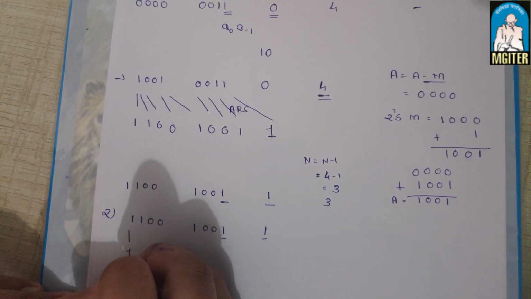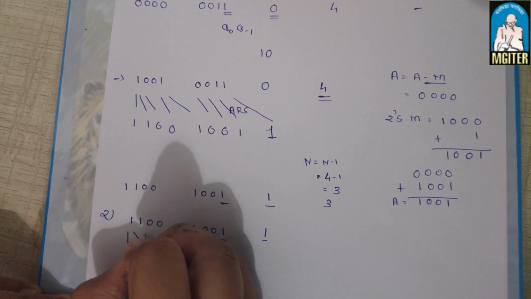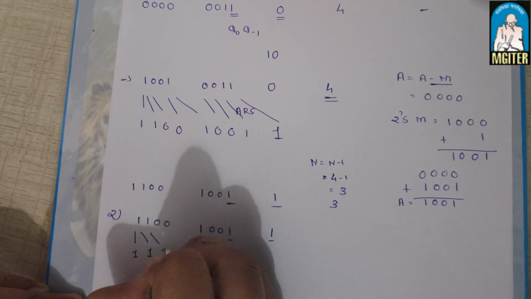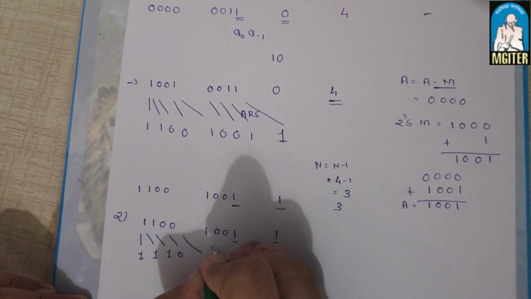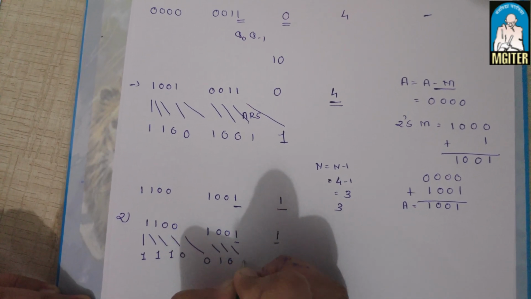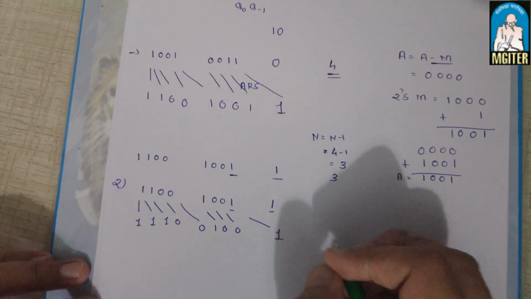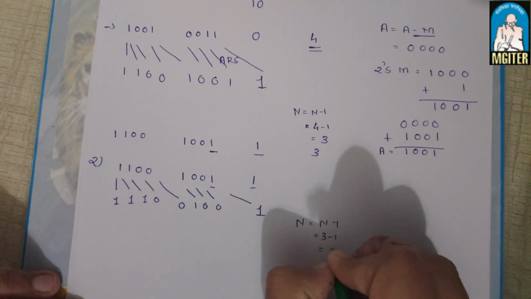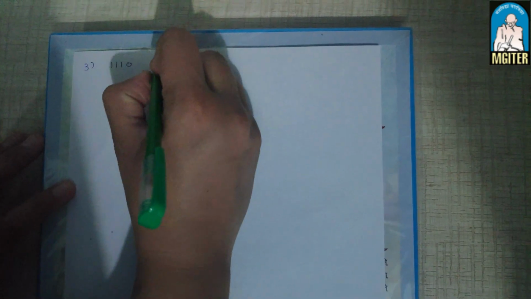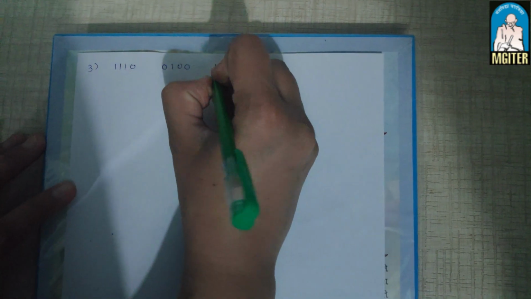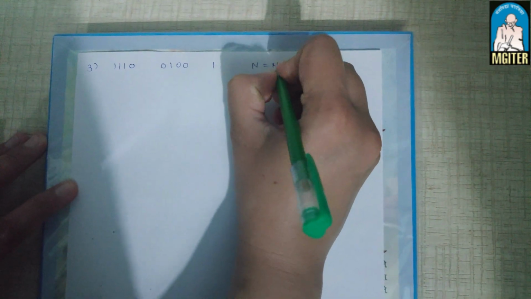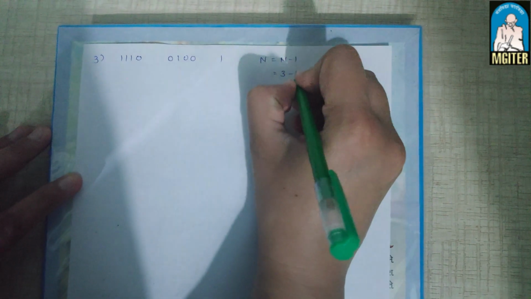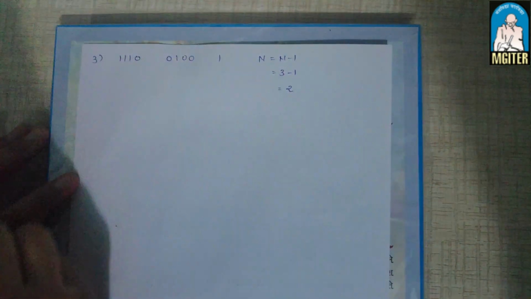After the arithmetic right shift, and after that n is equal to n minus 1, now 3 minus 1 is equal to 2. So we get 1 1 1 0 0 1 0 0 1, and n is 2.